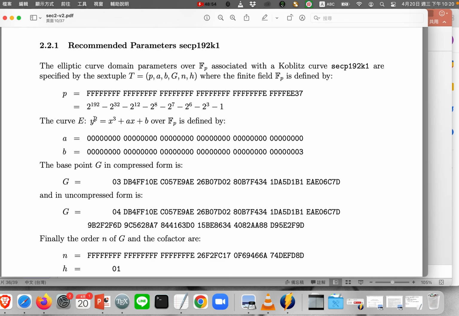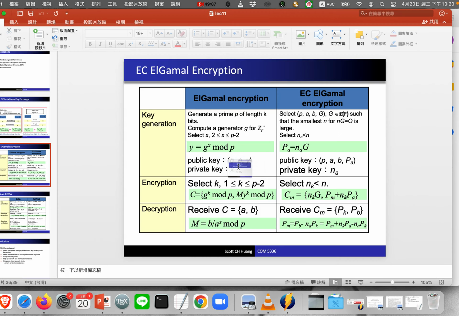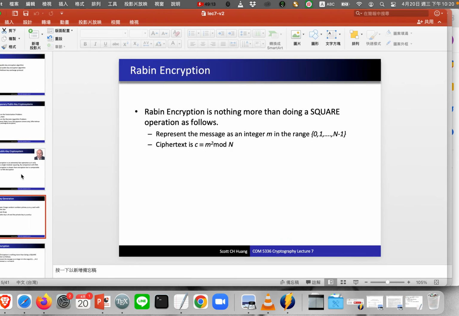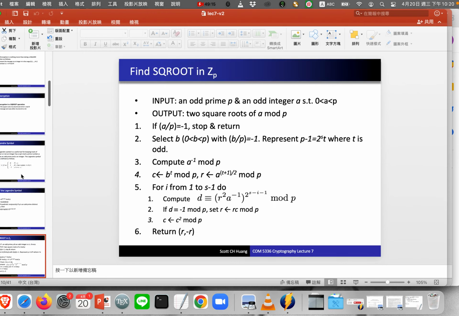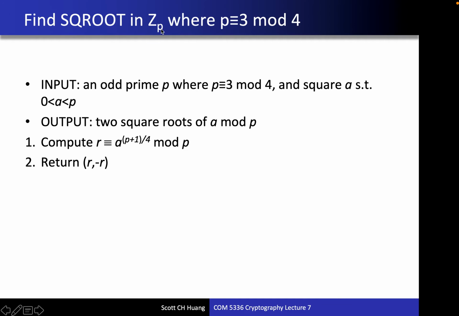How to find a square root, if you guys remember? When we talk about Rabin, how to find a square root in Zp?